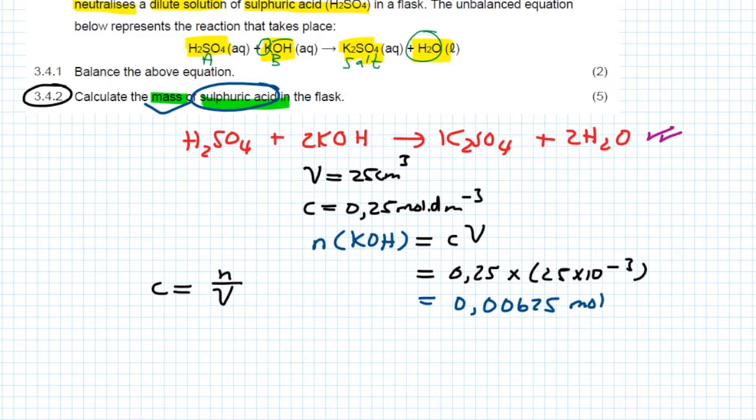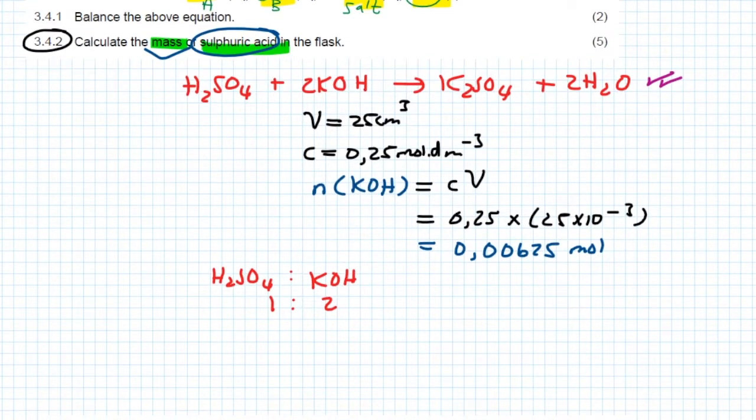Now that we have the number of moles of potassium hydroxide, we can say sulfuric acid to potassium hydroxide, according to the balanced chemical equation, reacts in a ratio of 1 to 2. We have available 0.00625 mole of potassium hydroxide, and we do not know the number of mole of sulfuric acid that will react with it.